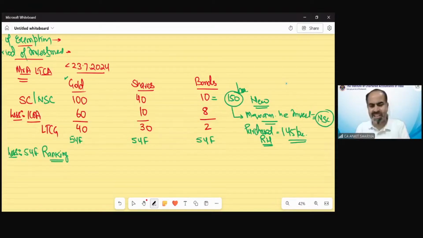In any other case, it does not matter because you can claim full exemption, so your gain would be reduced 100%. It does not matter if you provide the exemption against gold or shares or bonds in any order. But in case of section 54F, because there is proportionate exemption, we have to find out the ranking of these exemptions which we need to provide accordingly.